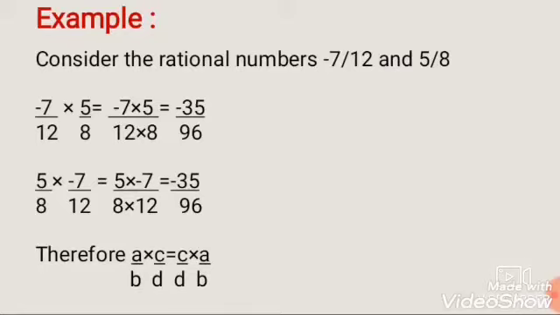Likewise let me take the RHS. The RHS is 5 by 8 into minus 7 by 12. So we get 5 into minus 7 divided by 8 into 12, which is equal to minus 35 divided by 96. So since the LHS is equal to the RHS, it is proved that a by b into c by d is equal to c by d into a by b.